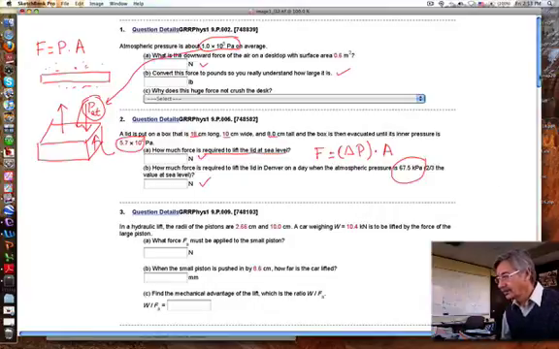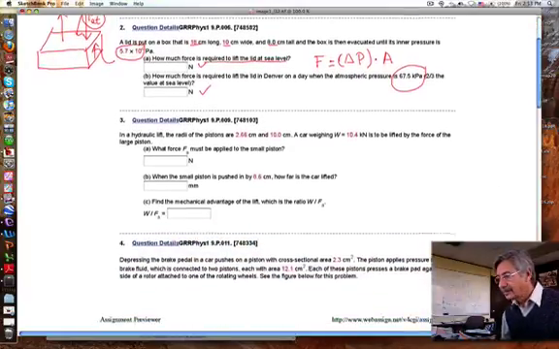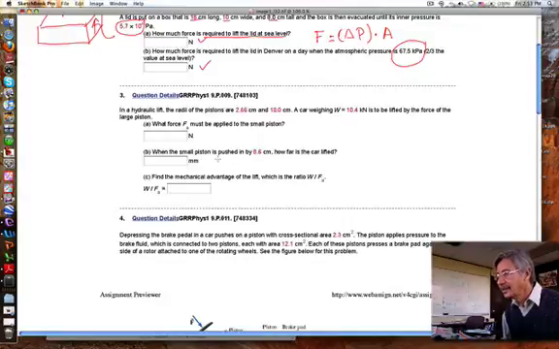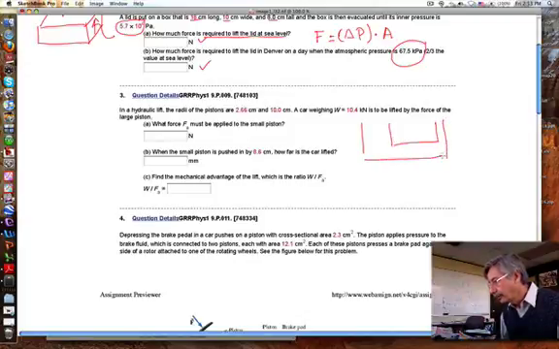In question number 3, this is a question of the hydraulic lift. We actually did a lot of this in lecture. You have a car that has a certain weight over here, and this is the large piston.